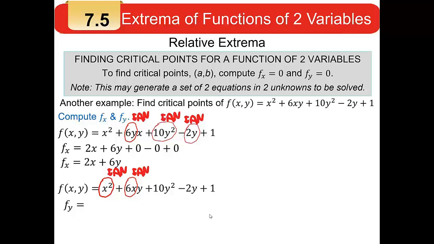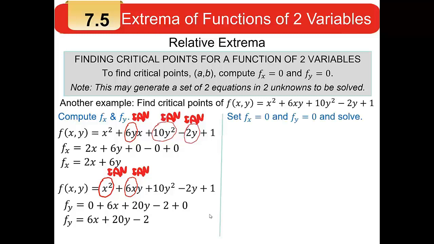Going back through there now, the derivative of x squared will be 0 because it's just a number. The derivative of 6x, which is a number, times y is just 6x. The rest of them are just ordinary derivatives. The derivative of 10y squared is 20y. The derivative of minus 2y is minus 2. And the derivative of 1 is 0. So when all is said and done, we get the partial with respect to y is 6x plus 20y minus 2. What do you do with that?